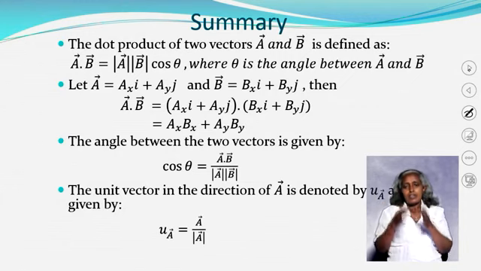And if vector A is given in unit vector form, and b is also given in unit vector form, the dot product of the two vectors is given by the sum of the product of their coordinates, ax bx plus ay by.